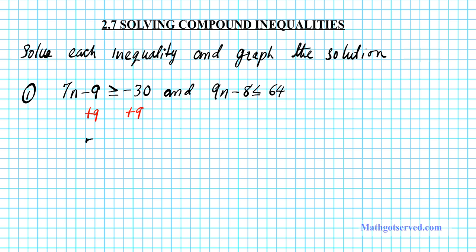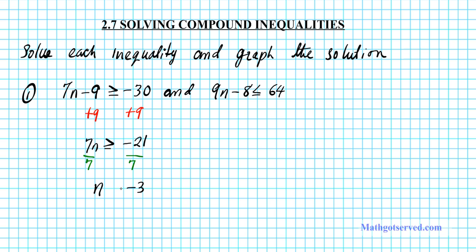That yields 7n is greater than or equal to negative 21. And finally, divide both sides by 7, and then we'll have n. Negative 21 divided by 7 is negative 3.